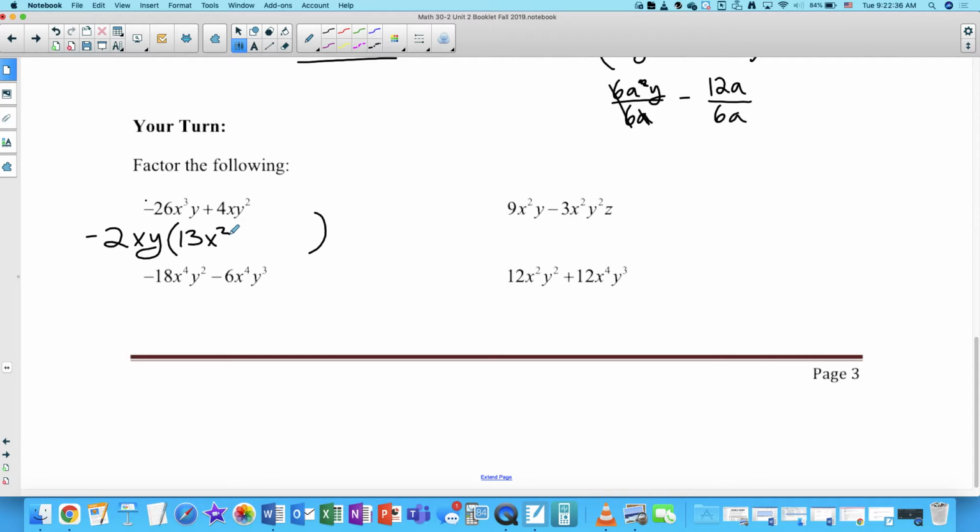Okay, and then here, what is 4 divided by negative 2? Negative 2, yes. So this sign has to switch as well. Think negative times negative makes positive. Okay, what is x divided by x? 1. And y squared divided by y is y. So minus y. Okay?